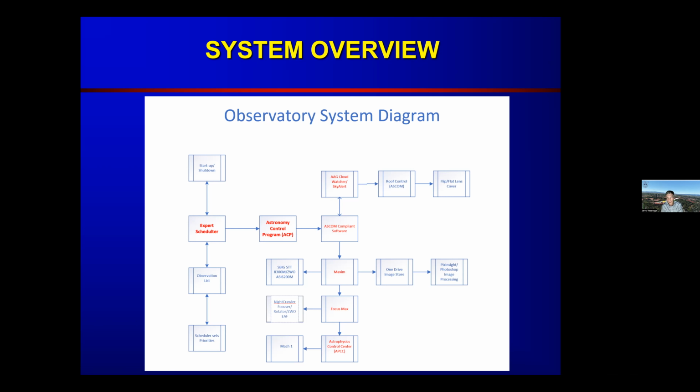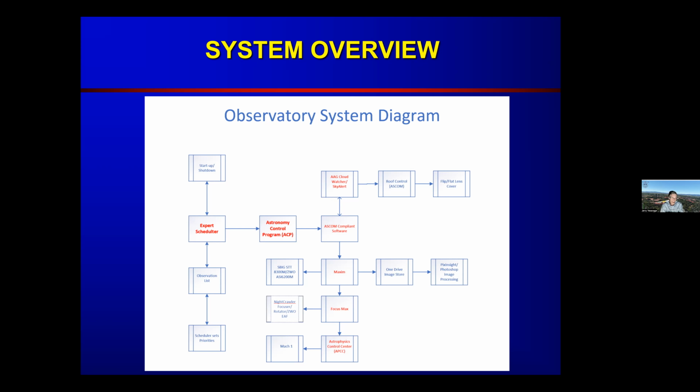It just turned out to work. And then finally, the Astro-Physics Control Center controls the mount, the Mach 1 mount. That's what allows you to do polar alignment and tracking and guiding and all the rest of that stuff. So all of those things go back to the astronomy control program.